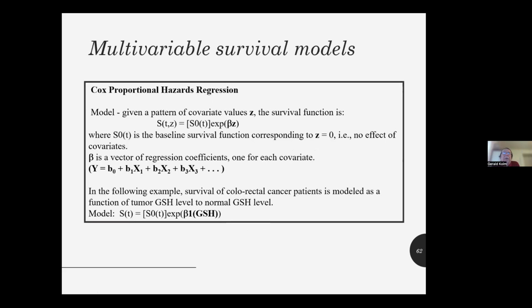We can then also do survival where we have multiple covariates or multiple independent variables.